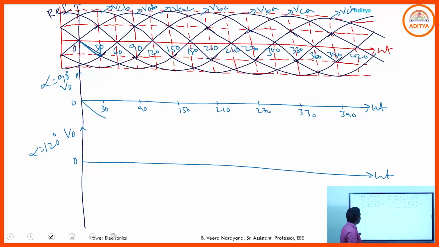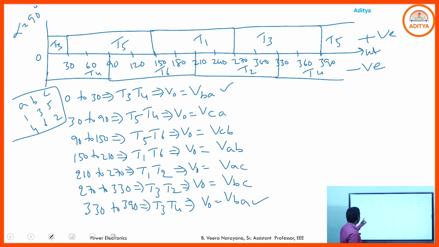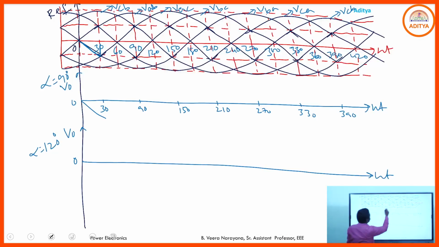And next 30 to 90. What is that? VCA. See, 30 to 90, VCA. So where is the VCA line? This one. Here it is.